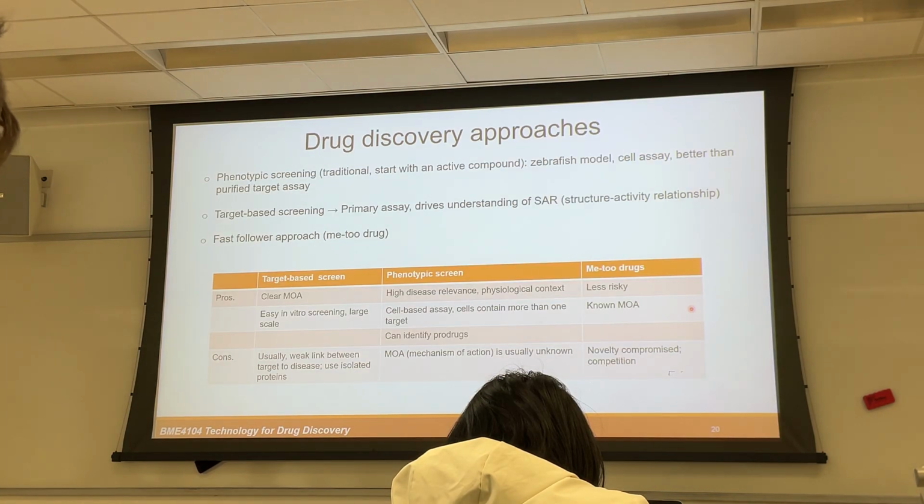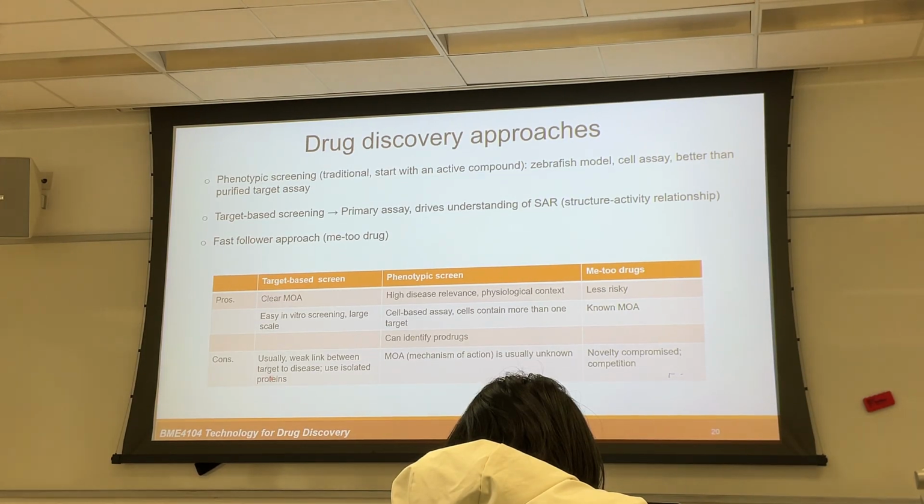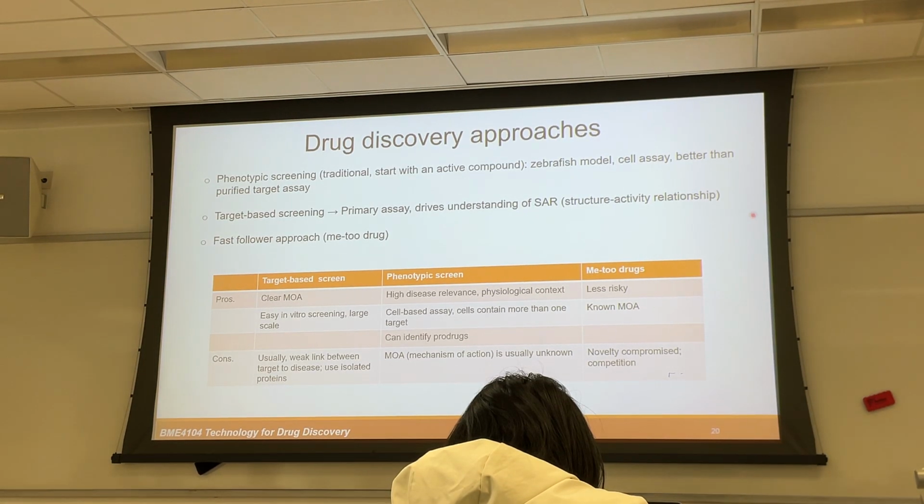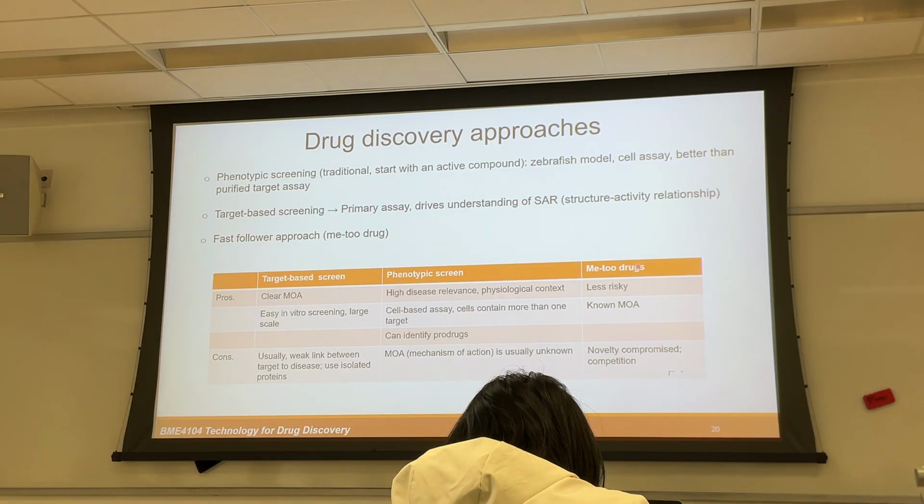Okay, so here I'm listing these three different types of drug discovery approaches. You can read it yourself in more detail later, along with the pros and cons of these three approaches. For target-based screening, we start with a clear target and MOA, so we have a clear idea of how to optimize it. On the contrary, phenotypical screening is more like a blind screening.